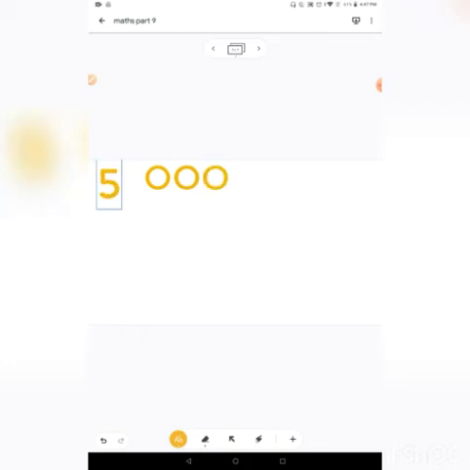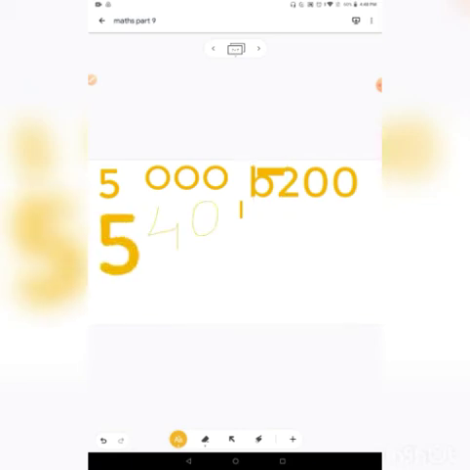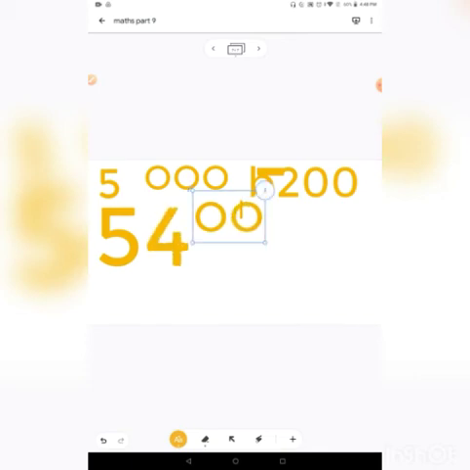5,000, 5,200 and 5,400. It is 5,200. Somehow it is not coming correctly. Yeah, it is 5,000. So your question is 5,000, 5,200 and 5,400.